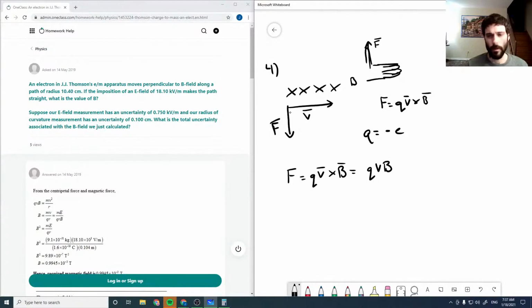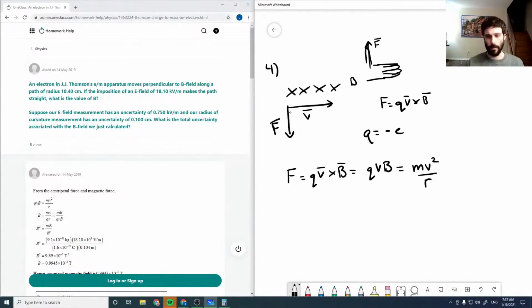Initially it is moving with a radius of 10.4 centimeters. So this is our centripetal force, so mv squared over r. And so we can readily solve this for our velocity.